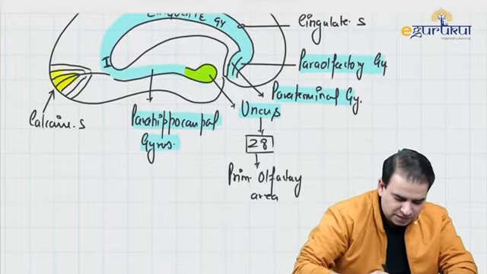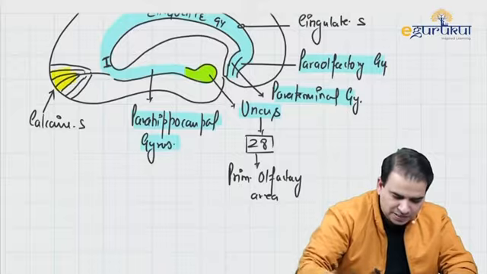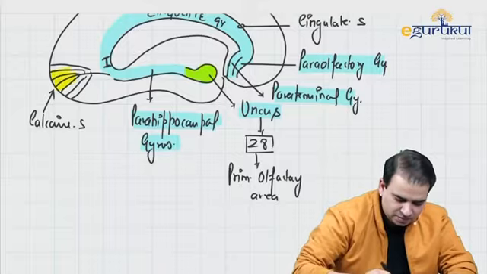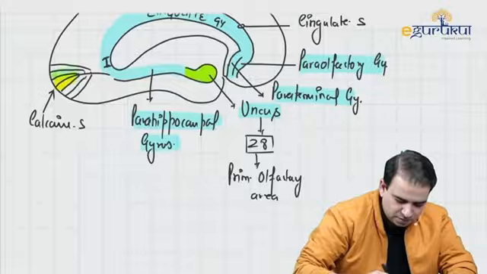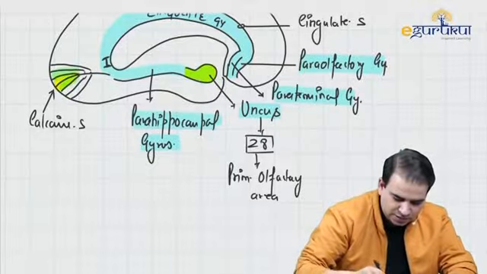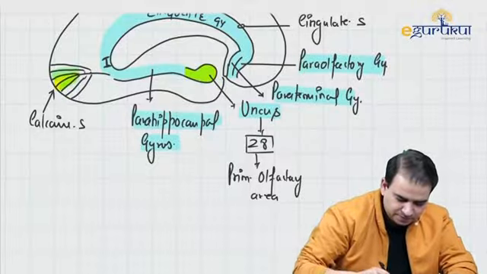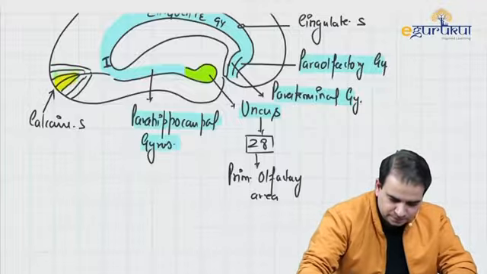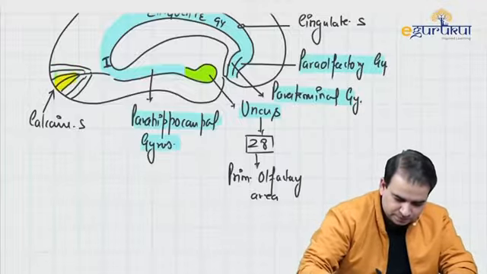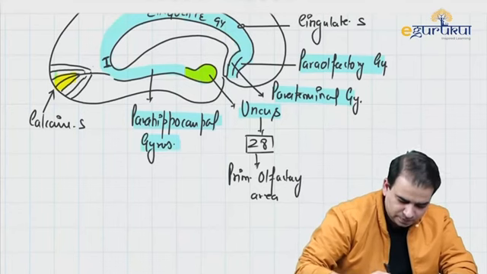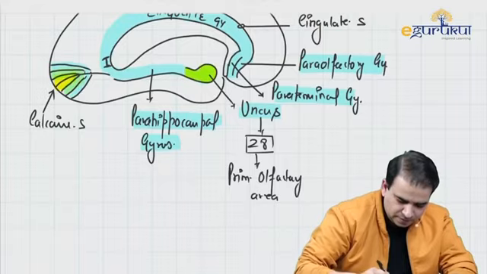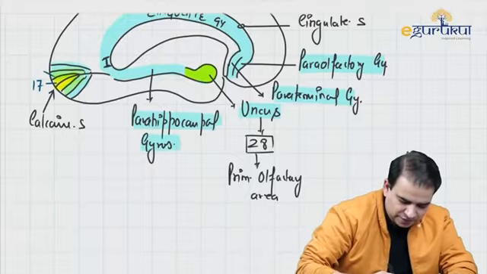Then you see area number 18, which is present outside it, and then even outside that is area number 19. This is area number 17, this is 18, and the one here is 19.